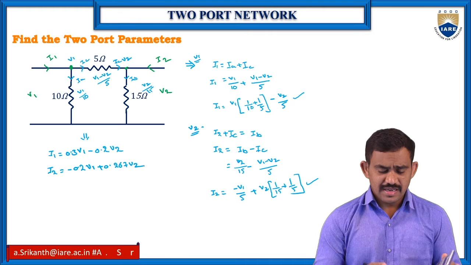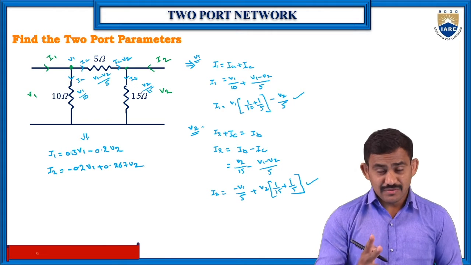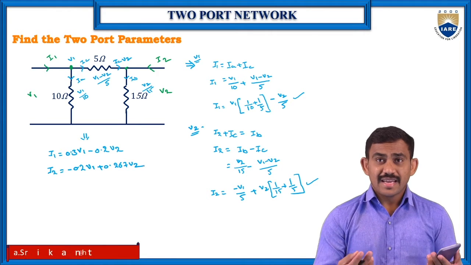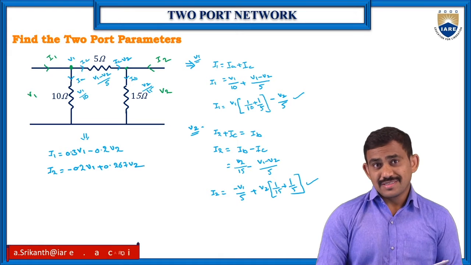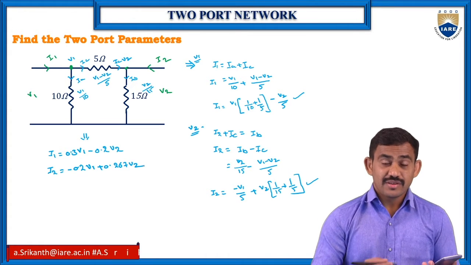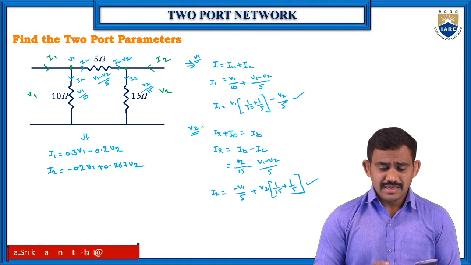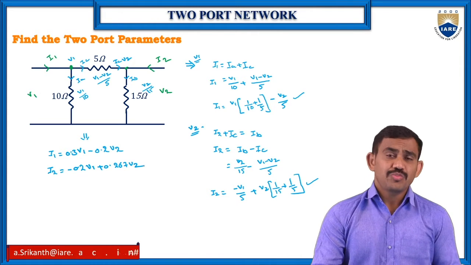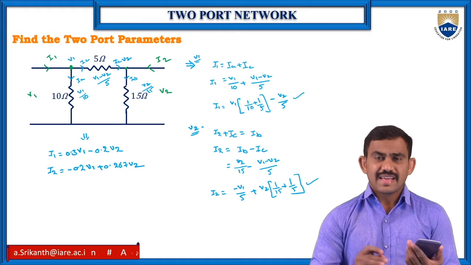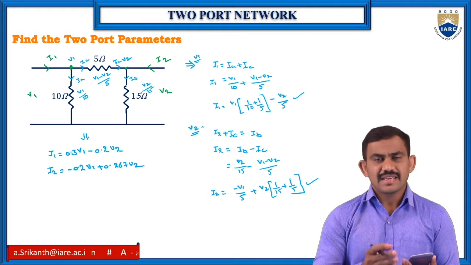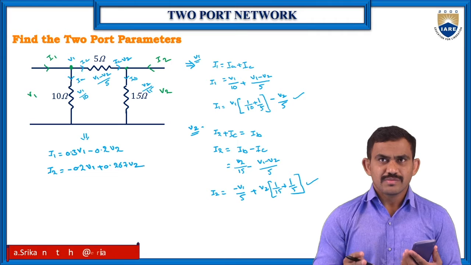Okay guys, here I have the circuit, that is a pi network. From the pi network, I can write the equations of I1, I2 in form of V1, V2 using nodal analysis. Clear? Now go for the two-port networks. First go for Y, then Z, then ABCD and H parameters. We'll go one by one now.